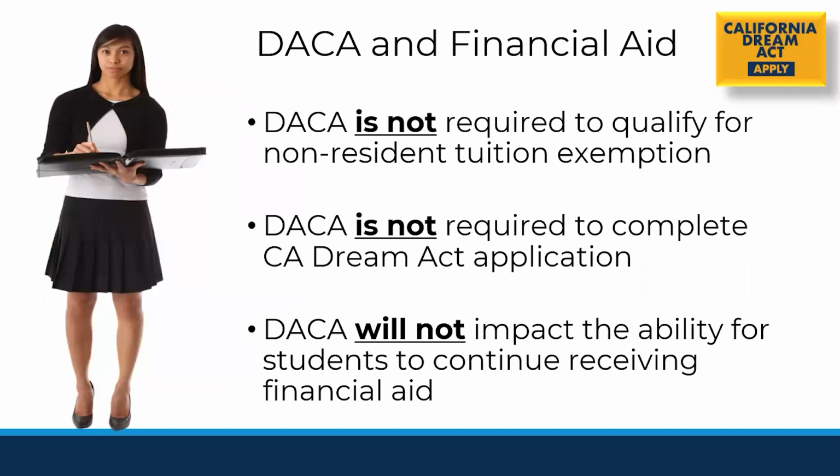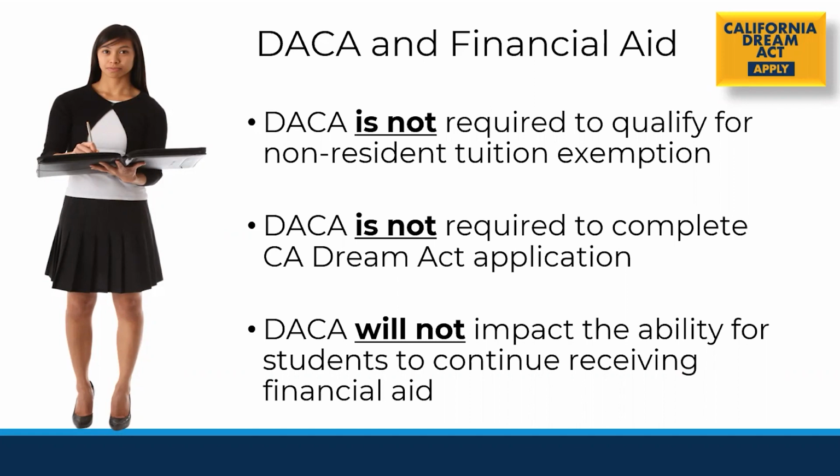Well, let's talk about DACA for just a second. DACA is great, and we're going to wait and see ultimately what happens with DACA. But what you need to know, and the most important takeaway here, is that DACA is not a requirement for financial aid. In other words, if a student has DACA or they don't have DACA, or they had DACA previously but don't have it now, it doesn't matter. It doesn't impact their ability to complete the California DREAM Act application.